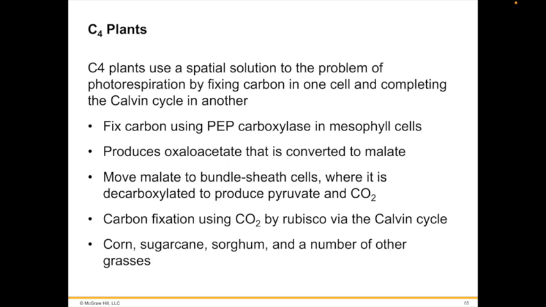Within the bundle sheath cells, malate is decarboxylated to produce pyruvate and CO2. Because the bundle sheath cells are impermeable to CO2, the local level of CO2 is high and carbon fixation by rubisco and the Calvin cycle is efficient. The pyruvate produced by decarboxylation is transported back to the mesophyll cells, where it is converted back to PEP, thus completing the cycle.